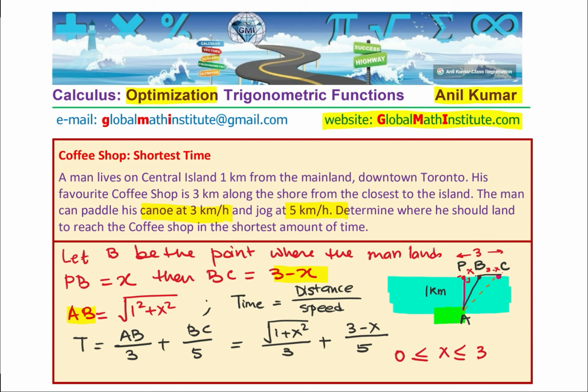So we have a restriction. We'll find the critical number and the values at the restricted positions. Perfect. So let's continue. We have the time general expression, square root of 1 plus x square over 3, plus 3 minus x over 5.